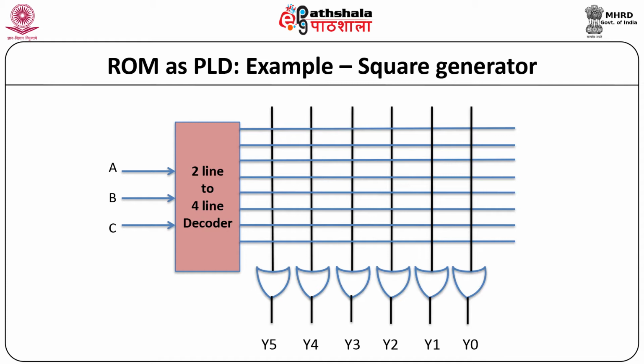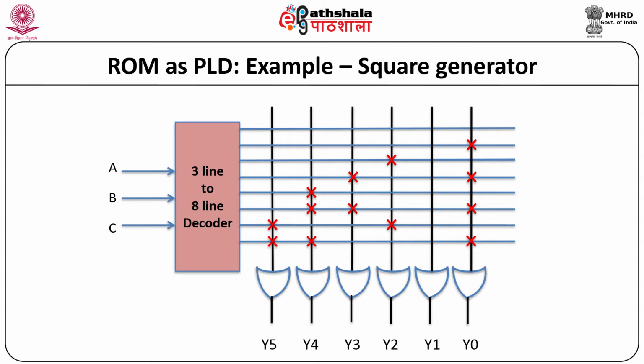In this case, there are 6 outputs Y0, Y1 up to Y5 generated from OR gate combinations. Let us refer to the truth table and put a cross link in the matrix. Wherever the output is 1, we put a cross indicating logic 1 for all outputs, as shown in the diagram.